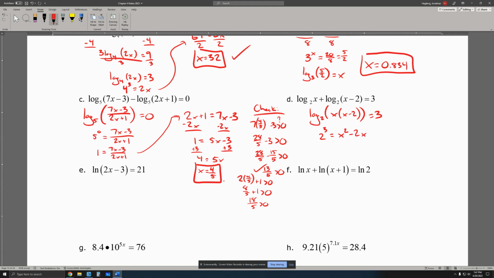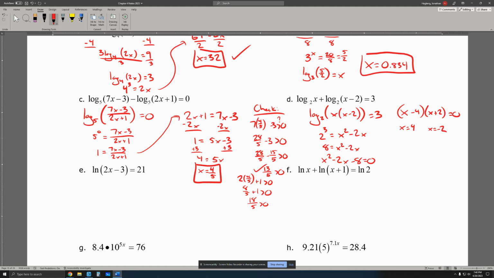Once we have this, we have 8 equals x squared minus 2x. Subtracting 8 from both sides, we get x squared minus 2x minus 8 equals 0. This can be factored into the quantity x minus 4 and x plus 2 equals 0. And so that gives me solutions x equals 4 and x equals negative 2.